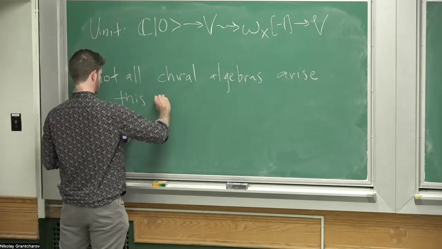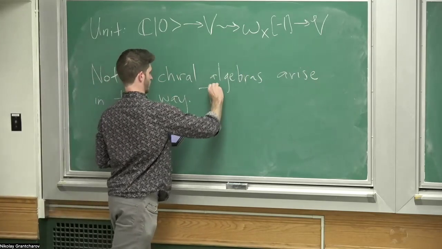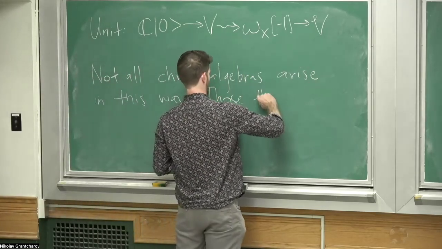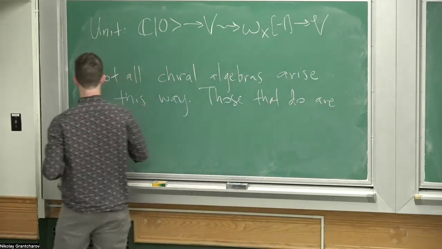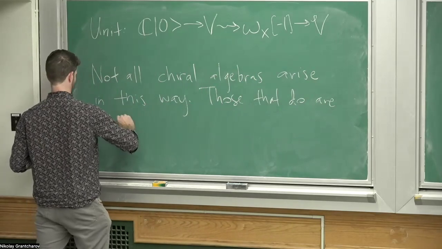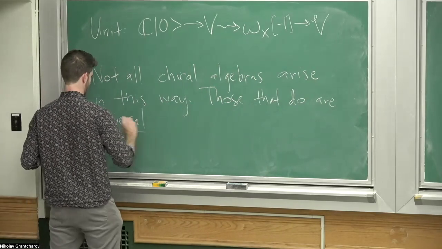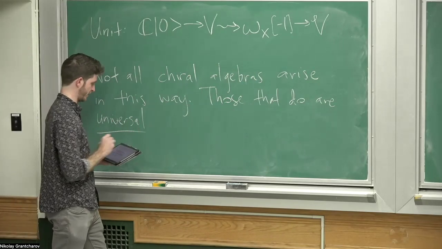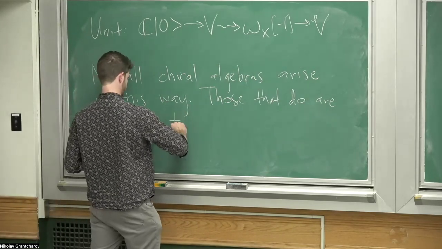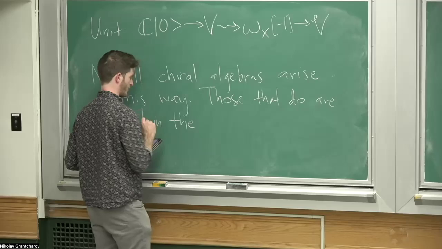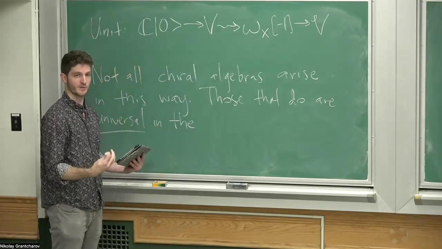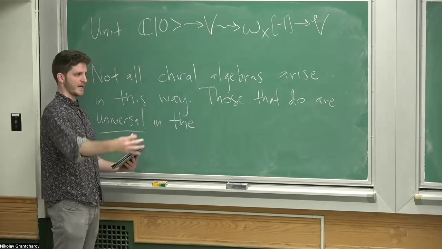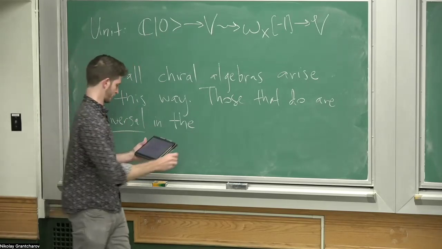The ones that do are what's called universal, meaning they're not really attached to a particular curve. My choice of X was incidental; what I mean to say is my X was arbitrary, right? So I could carry out this construction for any X, and the chiral algebras I obtain will be compatible under pullback.